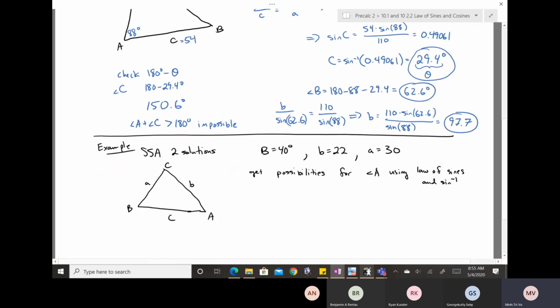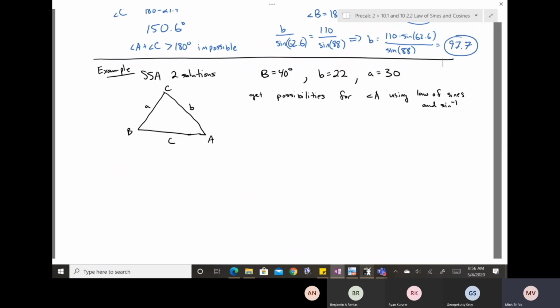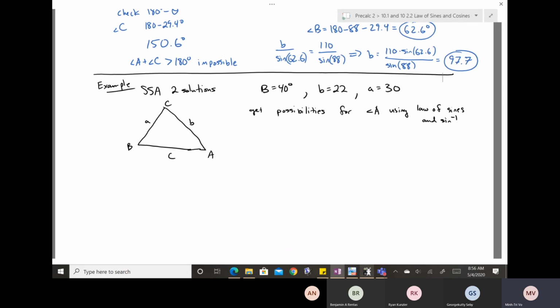Okay, so let's move on to the problem where we have two solutions. So what's given in this problem? So angle B is 40 degrees, side B is 22, and side A is 30.